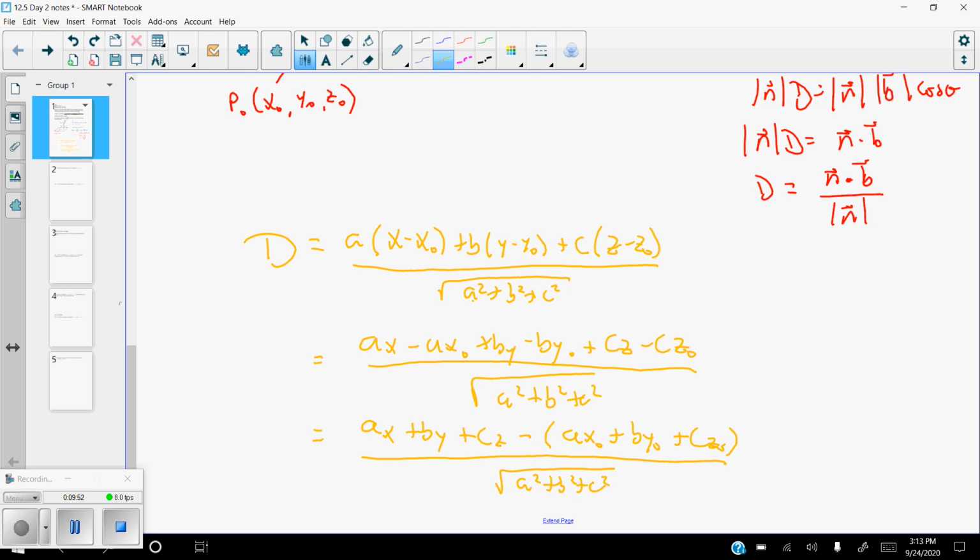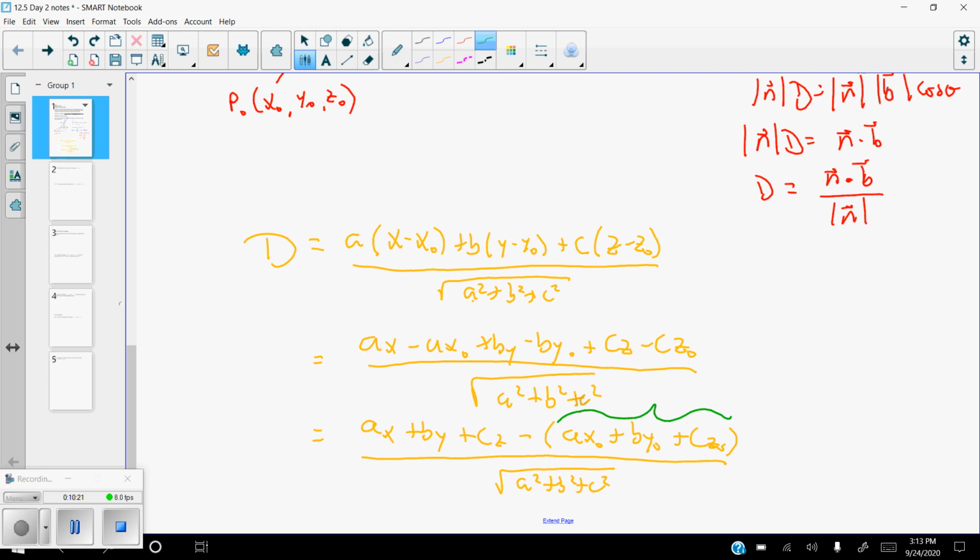All right, and hopefully you can see what I did there. That part right there actually lies in the plane, because what you have there is an equation, ax plus by plus cz.